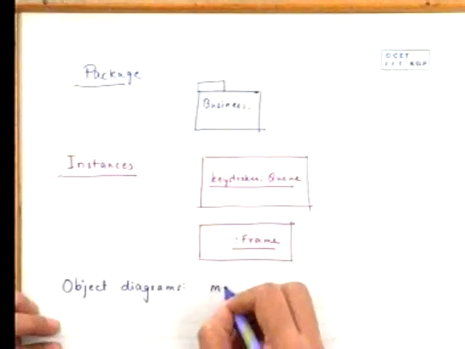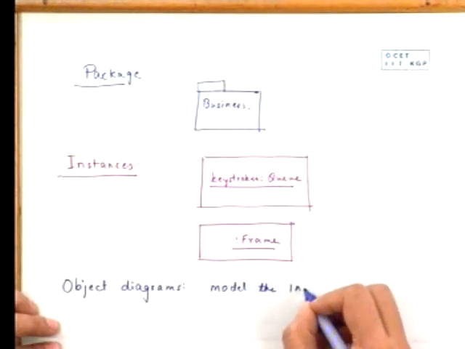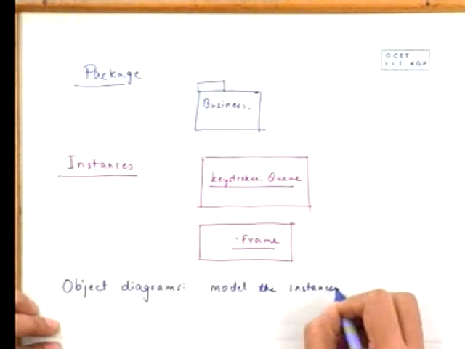We use object diagrams to model the instances. We model the instances of things that are found in class diagrams. They actually represent a snapshot view of a system.